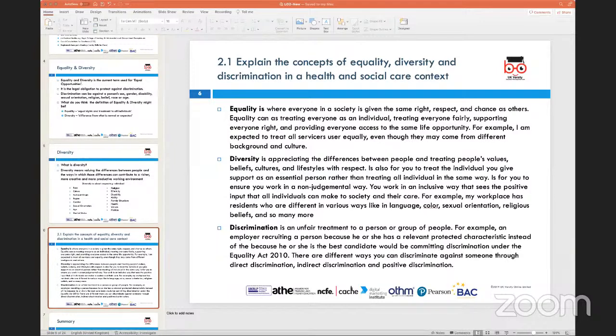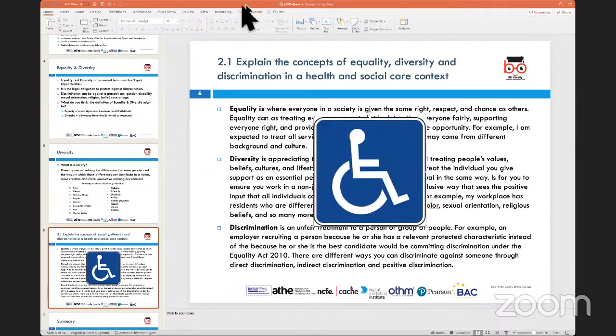This is sometimes advertised on the website with a particular logo, so that if you're visiting, for example, a particular office or building, you would generally see certain signs being put up on the website. And if I bring one up, this is one such sign, which is for wheelchair access.